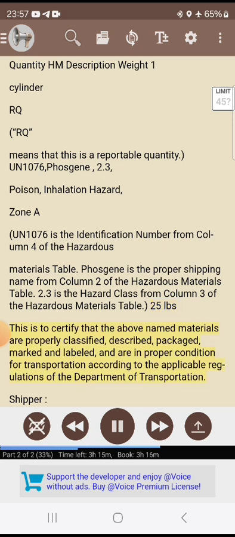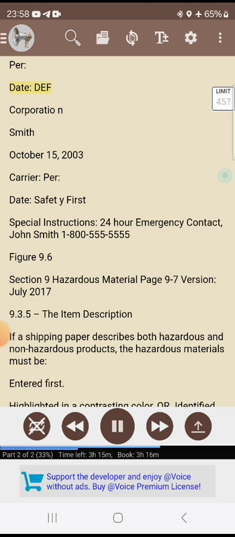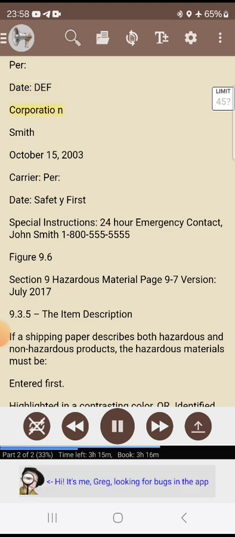25 pounds. This is to certify that the above-named materials are properly classified, described, packaged, marked and labeled, and are in proper condition for transportation according to the applicable regulations of the Department of Transportation. Shipper, per, date: DEF Corporation, Smith, October 15, 2003.